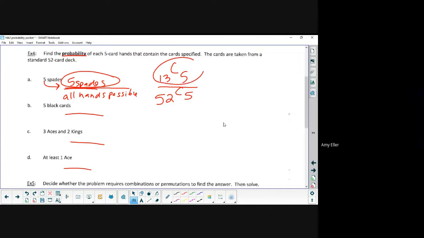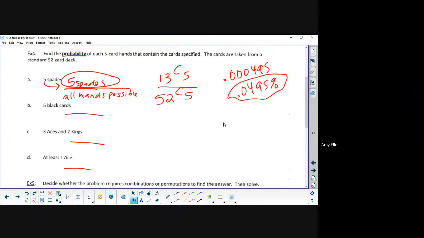That's how many ways I could make a hand of 5 spades. Let's write our answer as a percent.